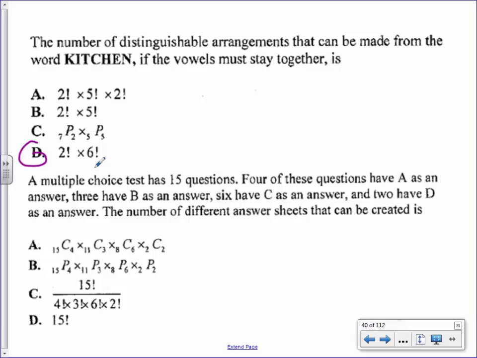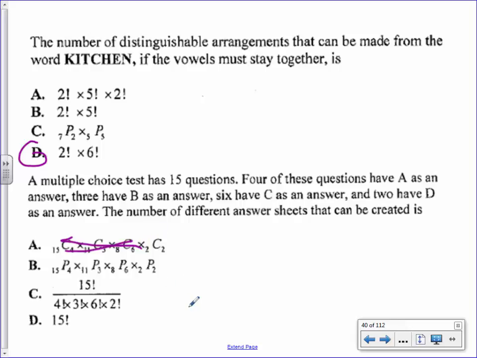Okay, you got a multiple choice with 15 questions. 4 of them are going to be A, 3 is B, 6 is C, and 2 is D. How many different answer sheets can there be? All right. You can probably cross off A right now because we haven't talked about how C works. Just so you guys know, though, P stands for permutation, which was today's topic. The next topic is combinations. That's what C stands for. It's not that one.